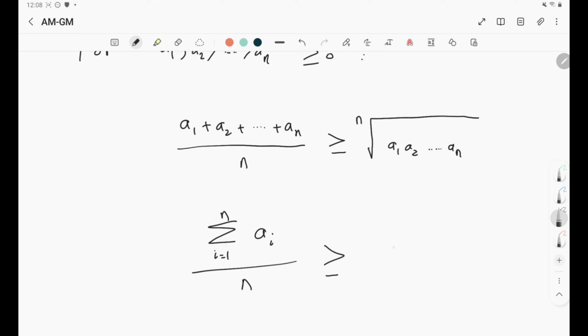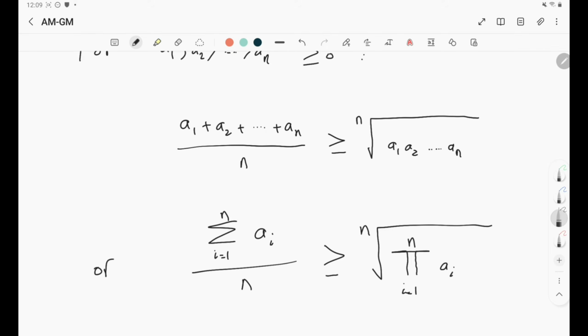And the right hand side is the nth root. We don't want to write the product a1, a2 up to an, so we'll just use the pi symbol. The pi is the same as product, of course, going from 1 till n. Perfect. So this is also the AMGM, written with just the symbols.